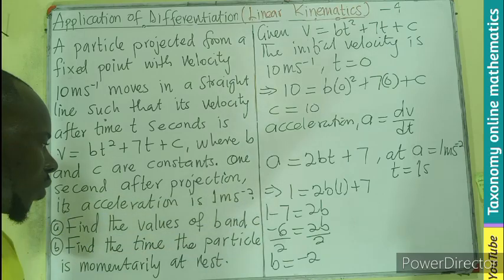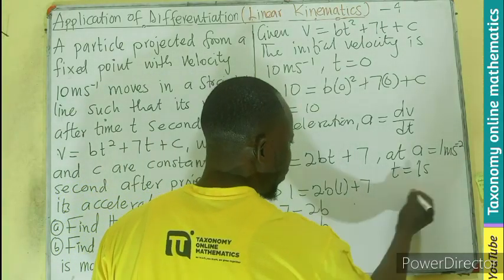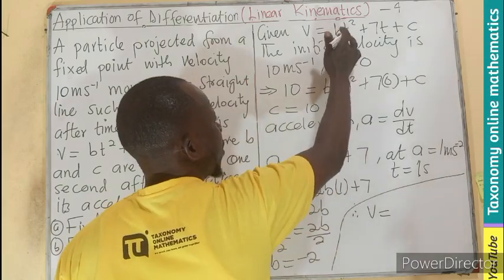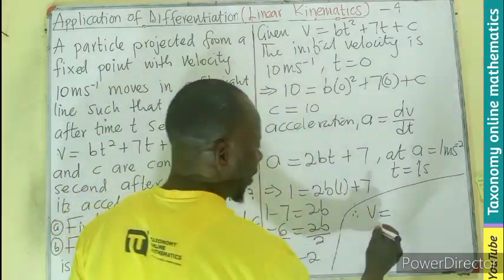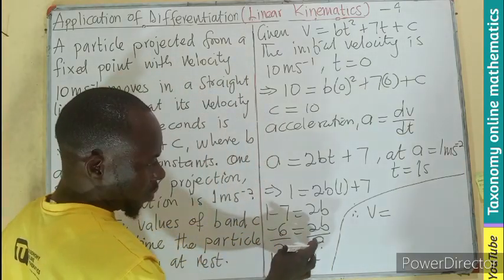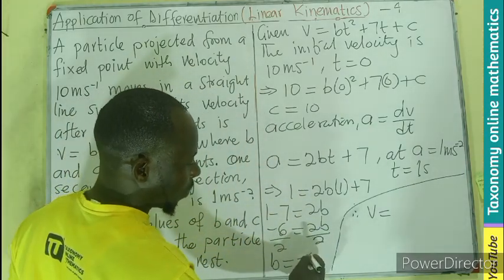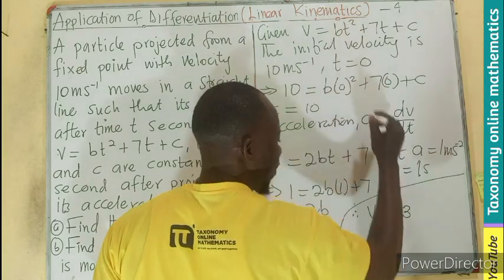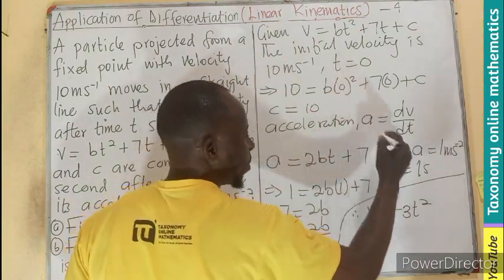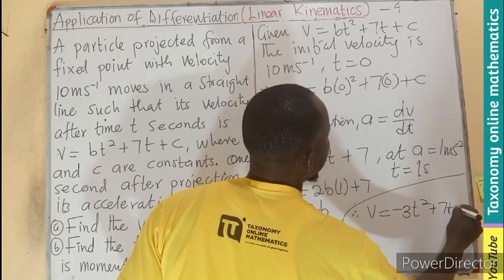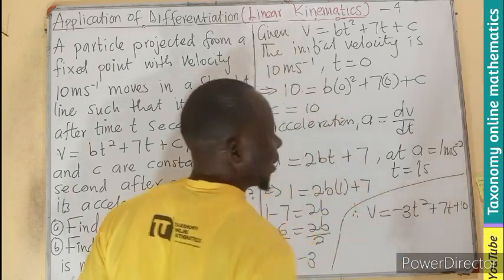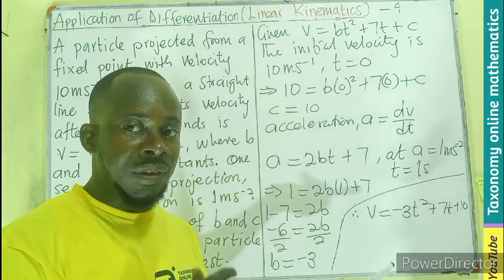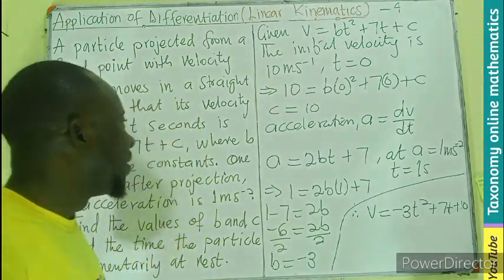Therefore, v is going to be minus 3t squared plus 7t plus 10. That becomes the equation of the velocity in terms of t, taking away the b and c.